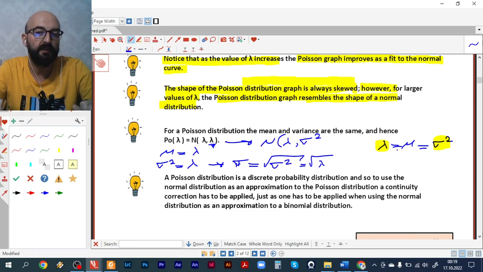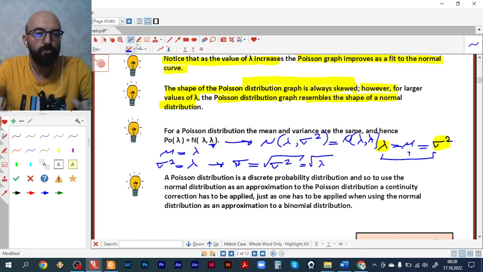In the Poisson distribution, sigma square and nu are the same value, so in the normal distribution you can use lambda, and instead of variance you can use lambda again.